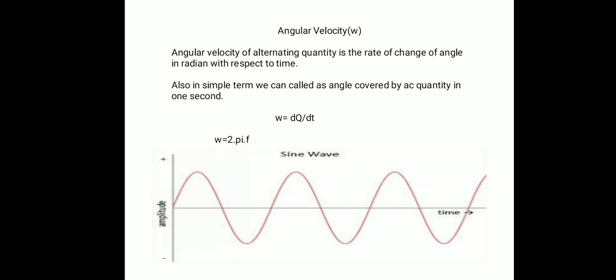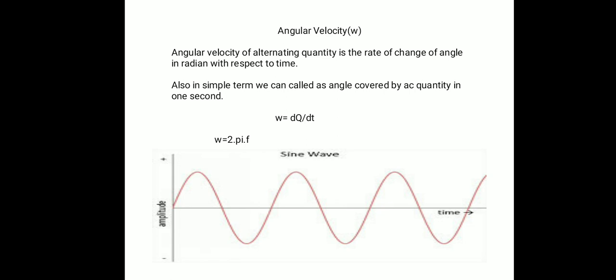Then angular velocity, omega. It is not W, it is omega. Angular velocity of an alternating quantity is the rate of change of angle in radians with respect to time. How much angle that wave can complete in 1 second, that angle in radians is called the angular velocity.